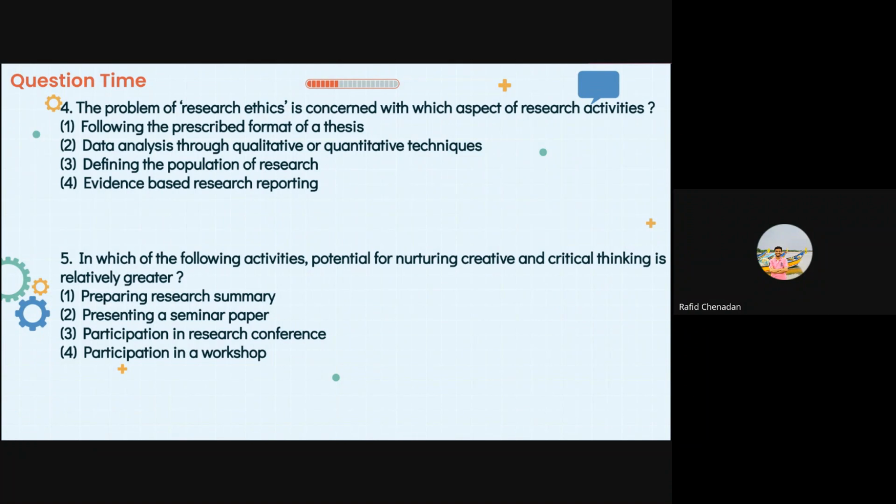So a workshop is mostly about how to do research, how to collect data, how to write creatively. But a conference, or a seminar, or a research summary, those are mostly about the content. What are you writing? What is the content? How to develop this idea? How to incorporate this idea into that idea? Like that. The correct answer is workshop.